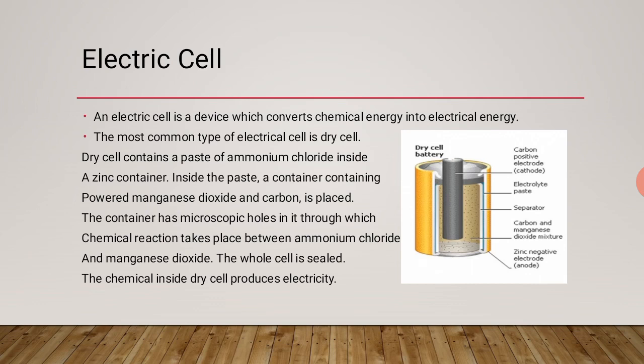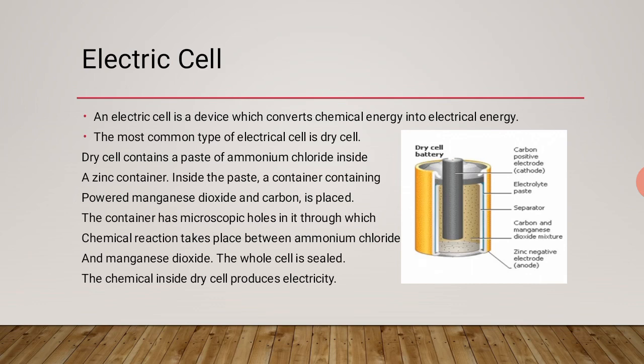The container has microscopic holes in it, through which the chemical reaction takes place between ammonium chloride and manganese dioxide. Whatever chemical we have filled in the cell, the microscopic holes allow a chemical reaction to take place, which produces electricity, and the whole cell is sealed.